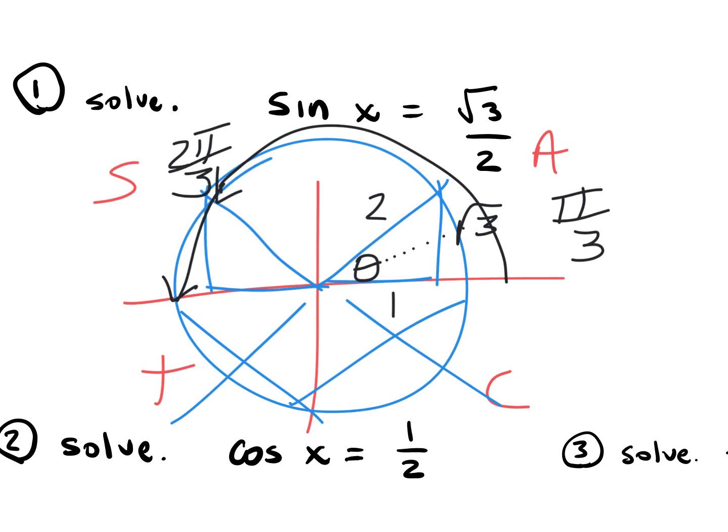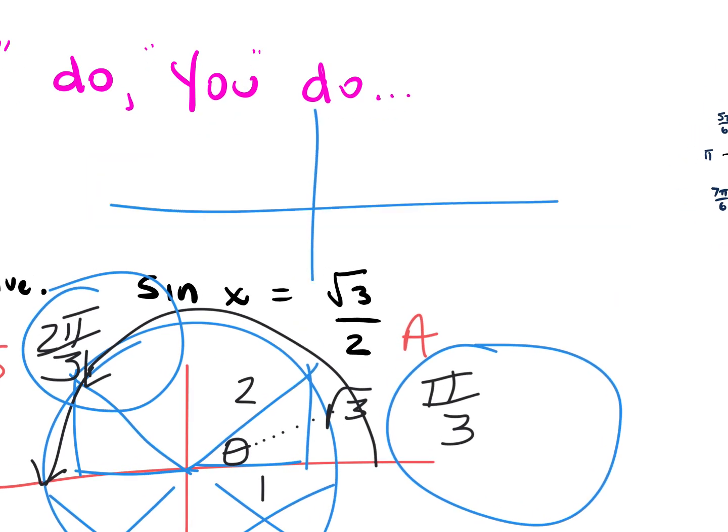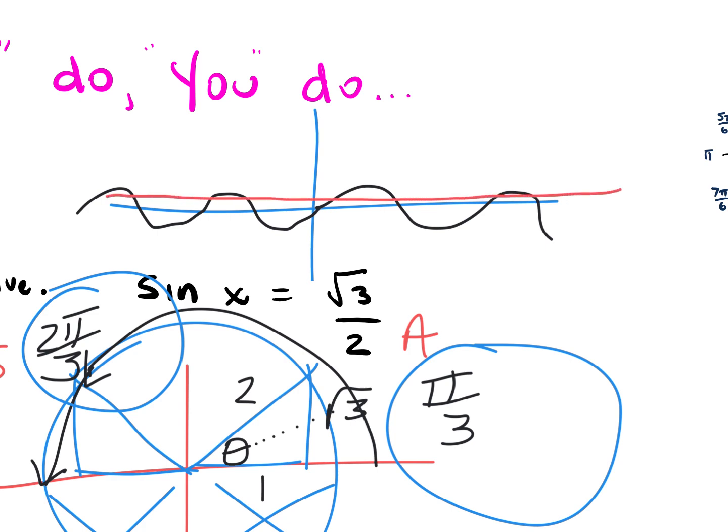Now, what did I just say a second ago? I said that it didn't tell me to only give answers between 0 and 2 pi. So I'm going to remind you what this really means. Sine is a wave that goes like this. And what they just asked you to do was find when it was equal to, not 1, but something between 0 and 1. So there's infinite answers. We just found this one and that one.